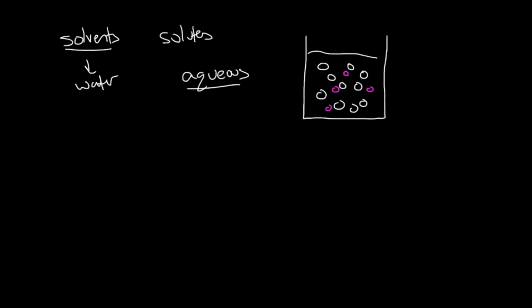So as you'll learn in other classes, we think about the interactions between water and these solute molecules, and we can explain how these dissolving reactions happen, right? So why the solutes actually dissolve in water is because of the forces that hold the solute in close proximity with water molecules.